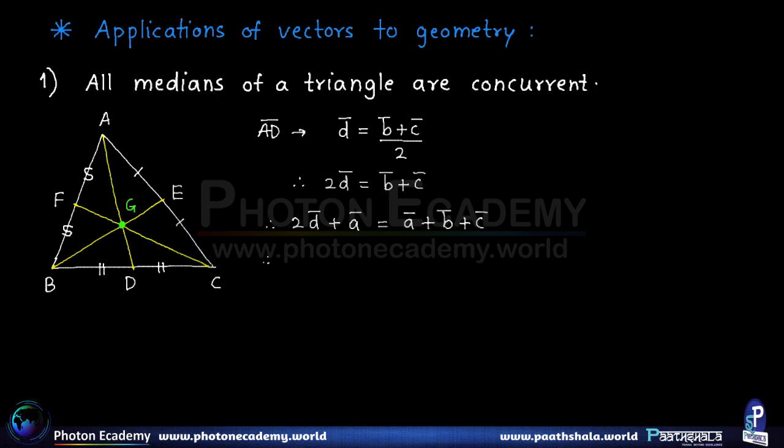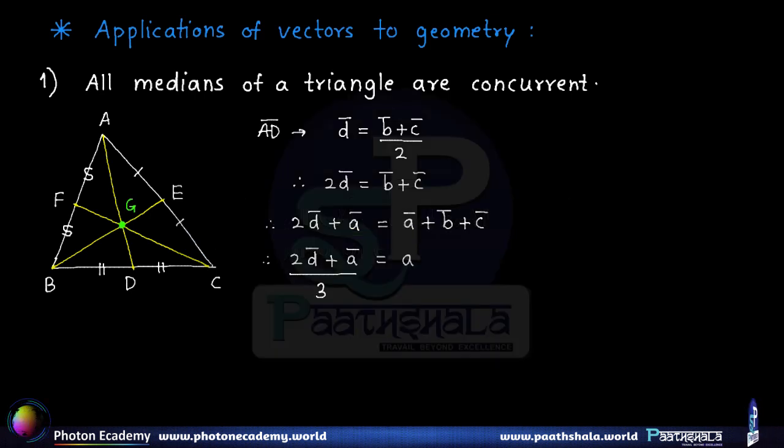And then we divide both sides by 3 for the reason which will be clear immediately. So we have (2D bar plus A bar) upon 3 is equal to (A bar plus B bar plus C bar) whole upon 3. Now you see how we rewrite the left hand side.